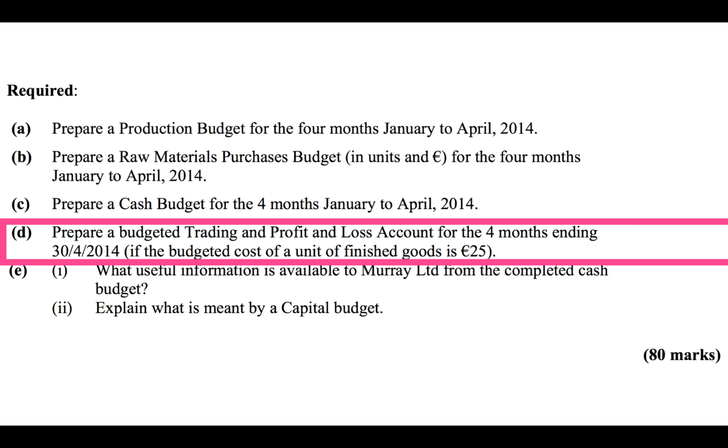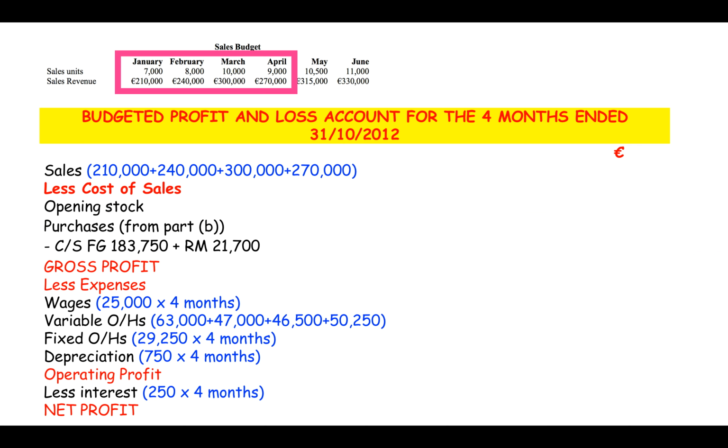So part D then of this question: prepare a budgeted trading and profit and loss account for the 4 months ending 30th of the 4th, 2014, if the budgeted cost of a unit of finished goods is €25. So, budgeted profit and loss account for the 4 months ended 30th April.